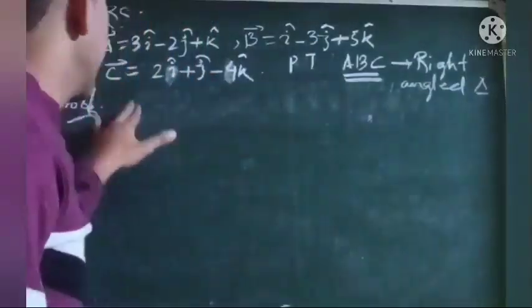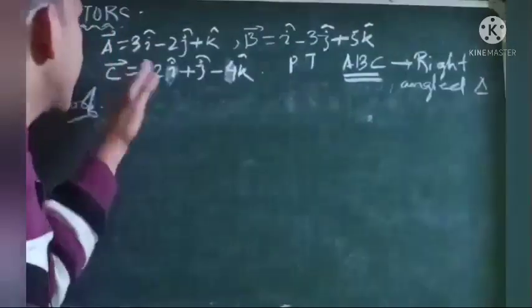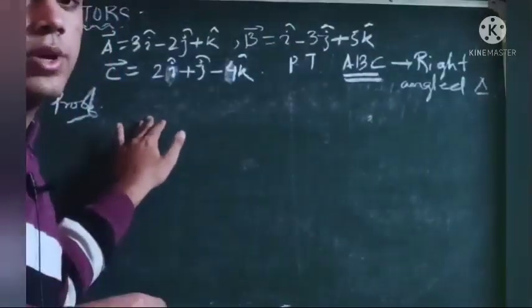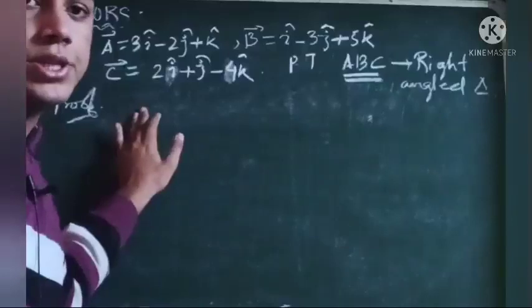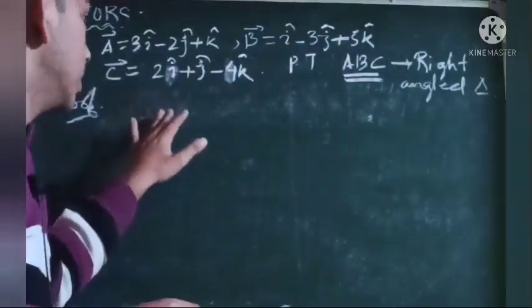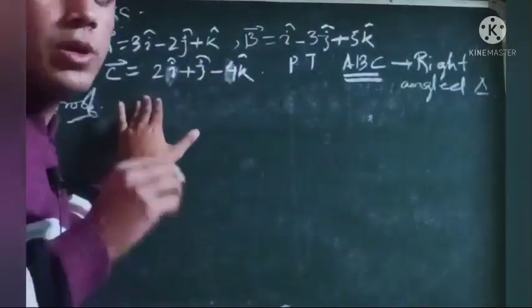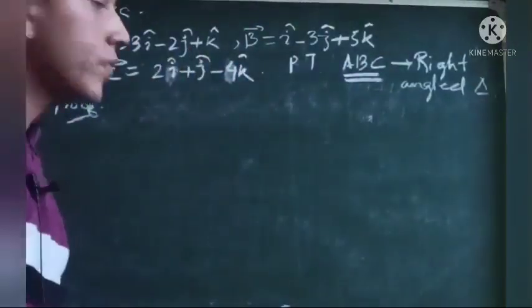First of all, let us prove that ABC forms a triangle. For 3 vectors to constitute a triangle, we have learned from the triangle law of addition that the sum of any 2 vectors should be equal to the third vector. That is, one of these given vectors will be equal to the vector sum of the other 2 vectors.